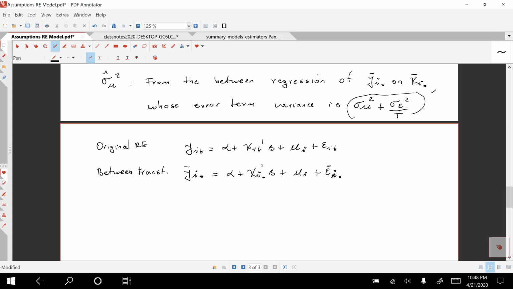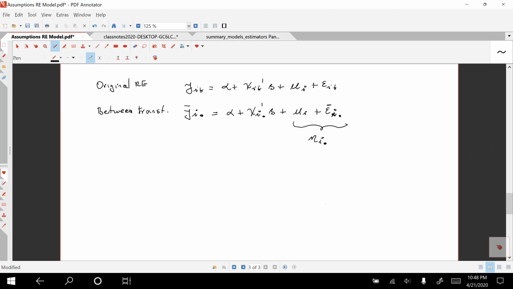Okay, so this error here, remember, we call it eta, so it can be called eta_i dot, the eta error.